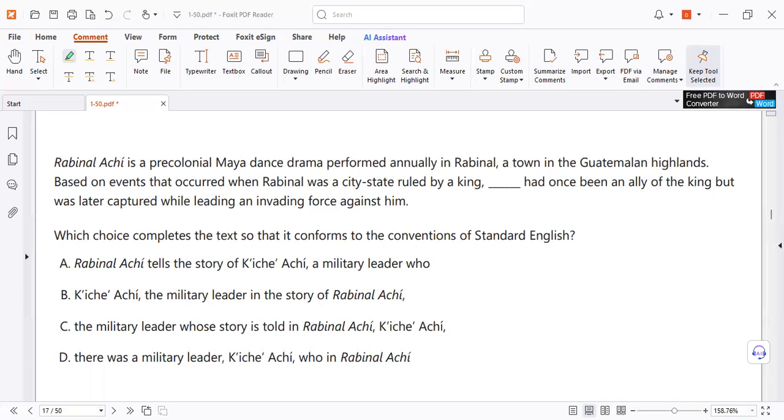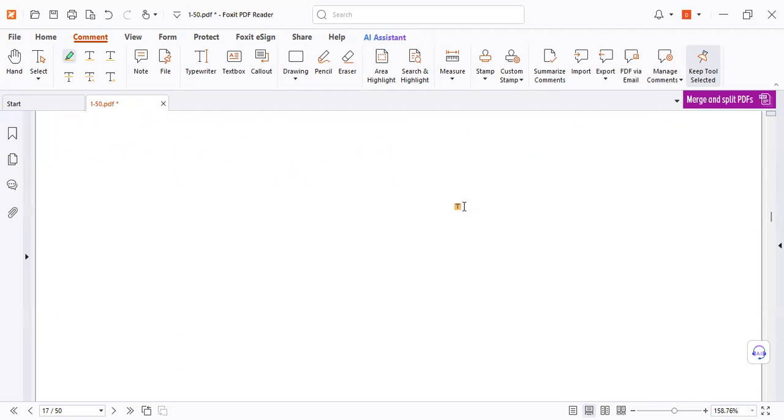Letter A. Letter A, sure. So letter A is correct for the modifier. Modifier, no, past participle phrase here.